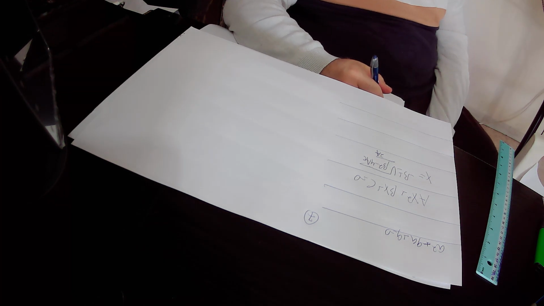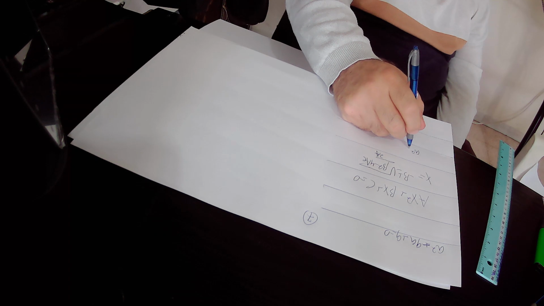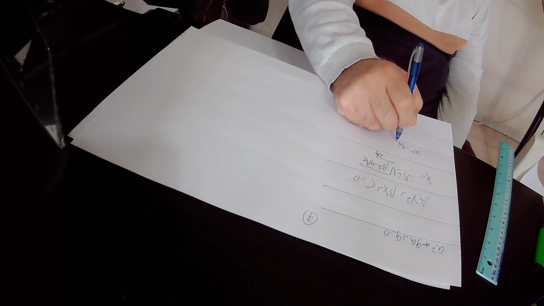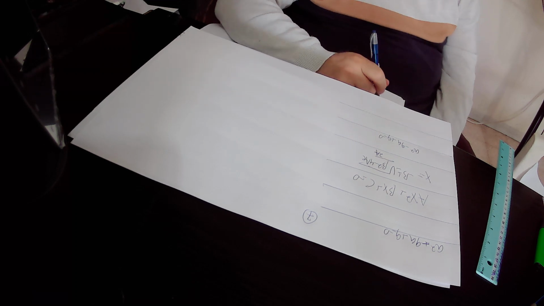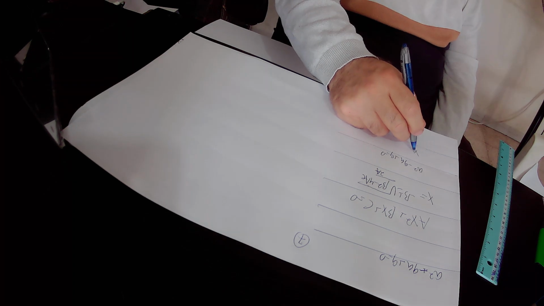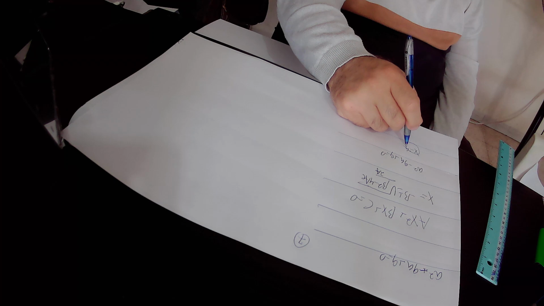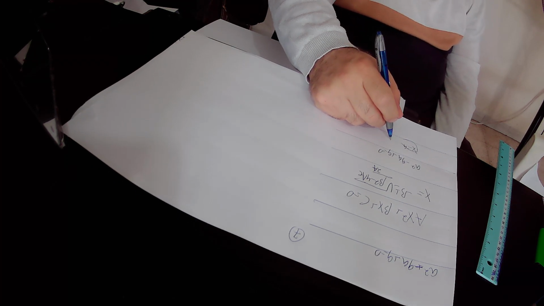In our specific quadratic equation, that is to say A squared minus 9A plus 9 equals 0, the variable that we're looking for is A, so x equals A. The coefficient a equals 1.